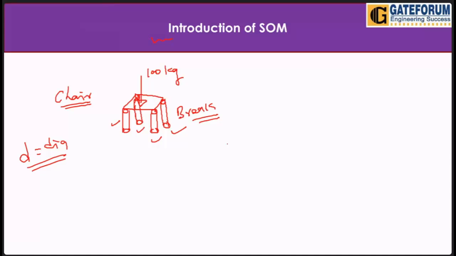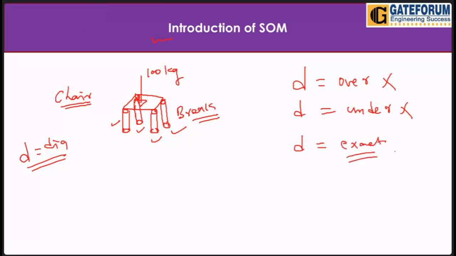So the diameter should not be over the limit; an over value is not accepted. An under value is also not accepted. The diameter should be an exact or approximate value. If you go for an over value of the diameter, definitely there is loss of money. If you go for an under value, the product will be substandard, the legs will break, and the customer will say that the quality of the product is not good. So the diameter should be exact.